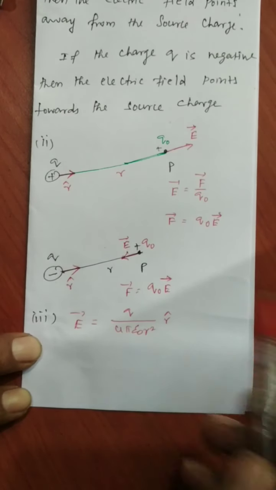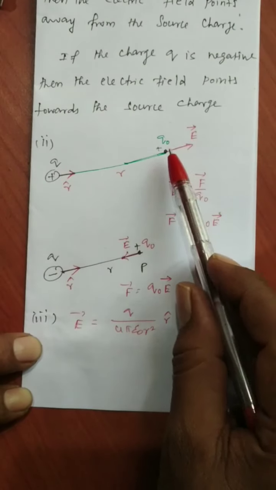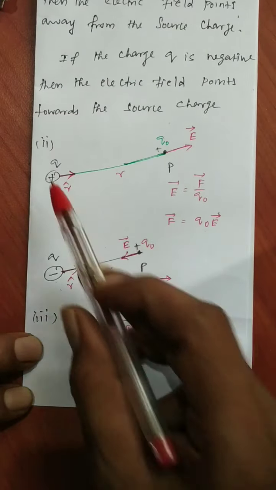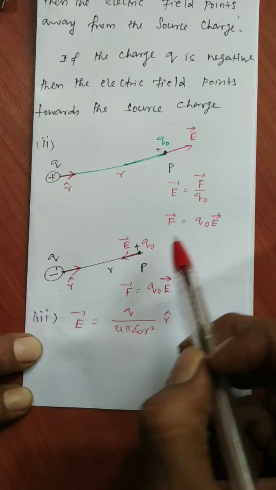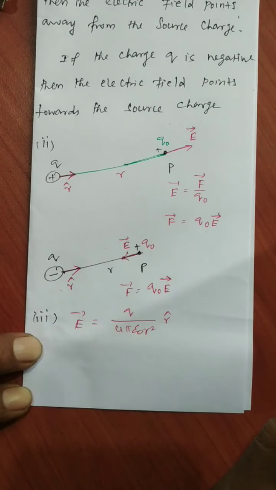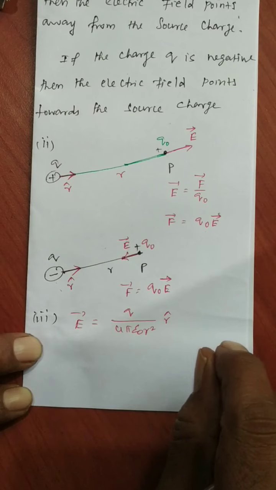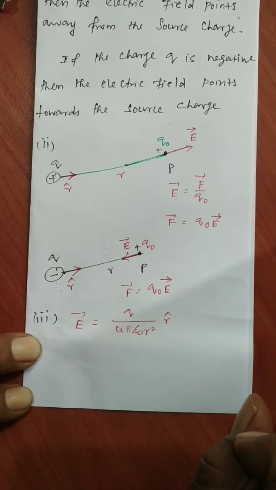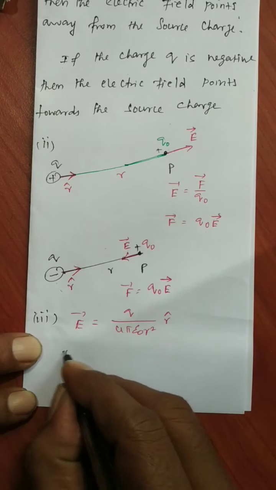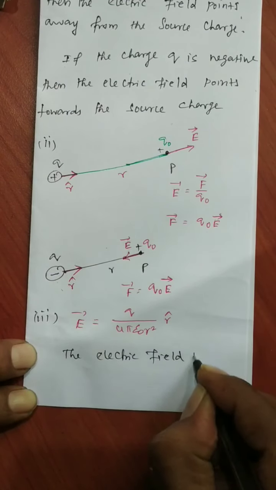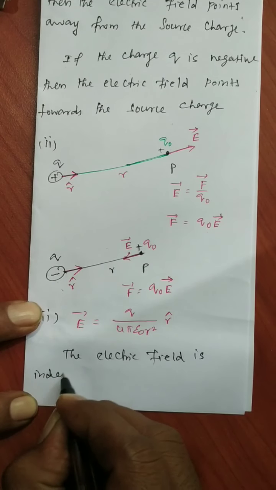The test charge is very small compared with the source charge, so it should not affect the electric field of the source charge. The field depends only on the source charge. So we can write that the electric field is independent of the test charge.